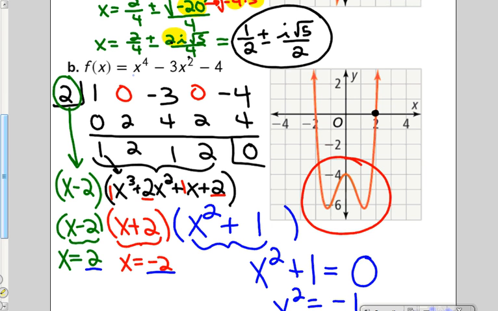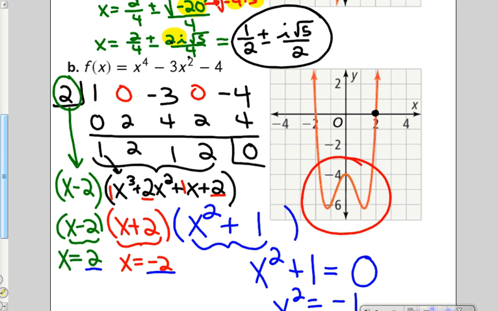If you're wondering why, real quick, I'll show you with i. i to the 4th is +1. Think about that. If i squared is -1, i to the 4th is -1 times -1, which is 1. Okay.